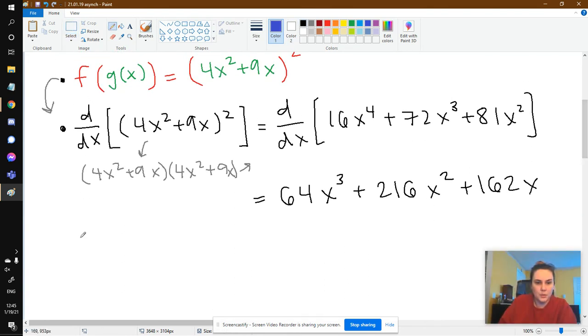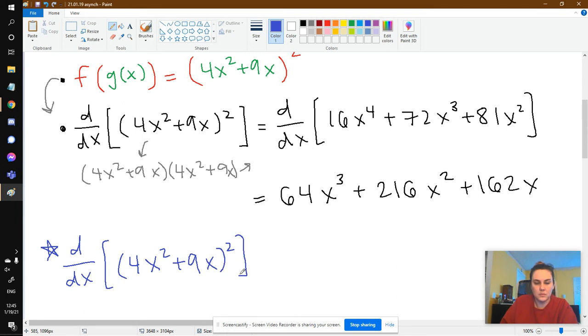So now with our new rule, let's take the derivative of 4x squared plus 9x, all squared. So our new rule, right, the outside function is something squared.